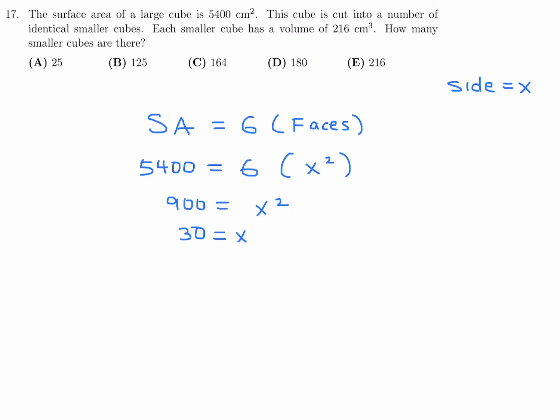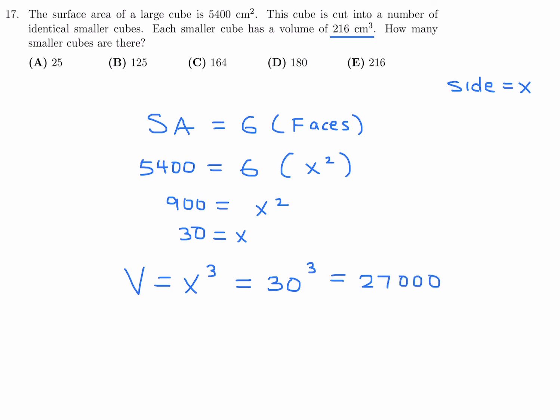And then they cut this cube up into smaller cubes, and each smaller cube has a volume of 216. Okay? So we need to figure out the volume of the big cube. And the volume of the big cube is x to the power of 3. So 30 to the power of 3. And that's 27,000.